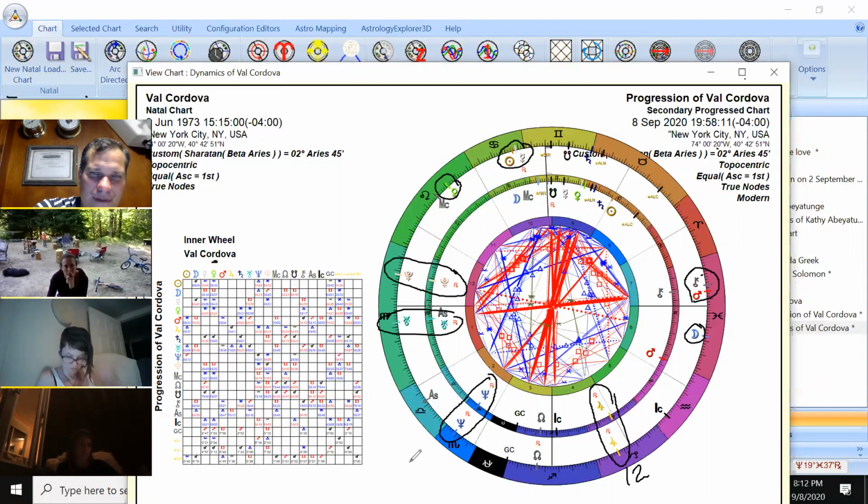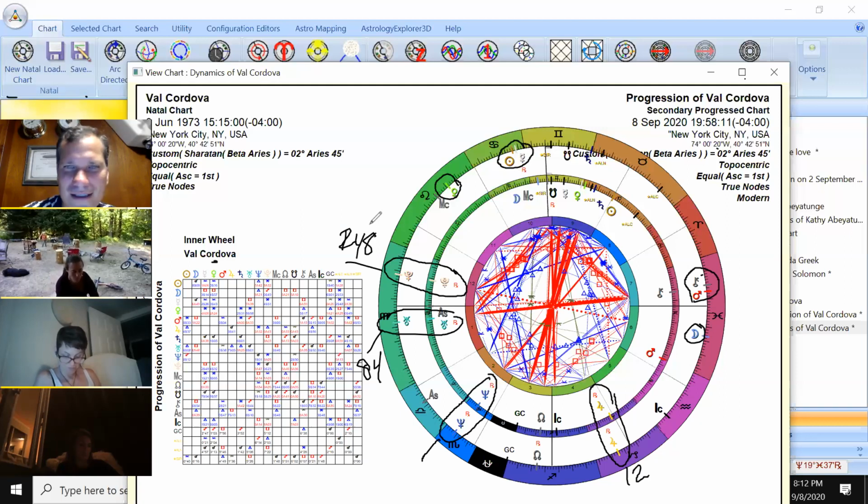I know Uranus offhand is 84 years. If I'm not mistaken, Pluto is 248. So these hardly move, they're in the same place pretty much your whole life, right?